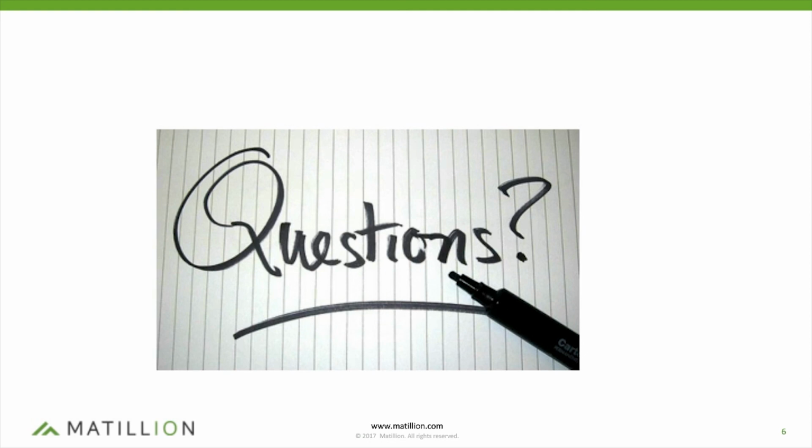Fantastic. And then we've got Pravin here asking, what's the best practice for creating history? And usually is that done within Matillion? Right, good question. Matillion itself is, how would I put it, data agnostic.